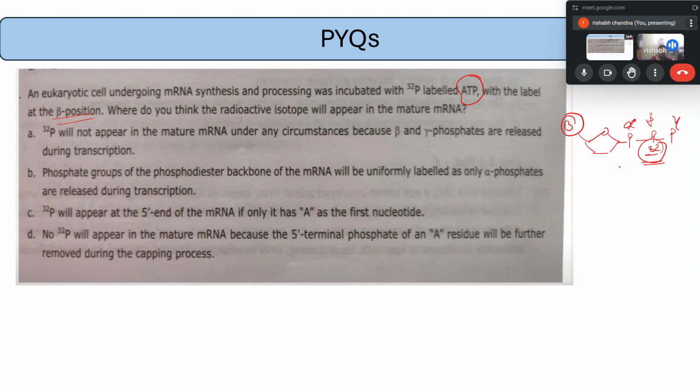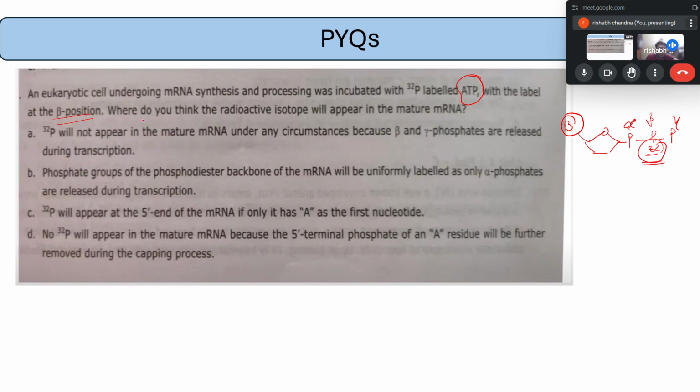Now, where do you think the radioactive isotope will appear in the mature mRNA? The first option is P32 will not appear in the mature mRNA under any circumstances because beta and gamma phosphates are released during transcription.